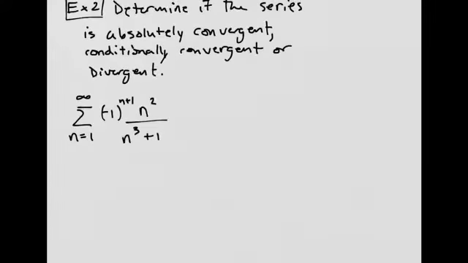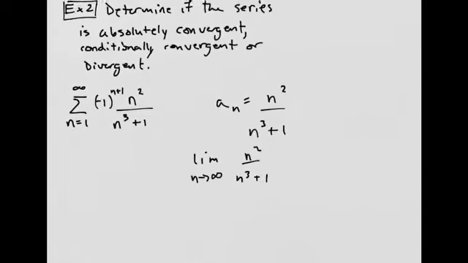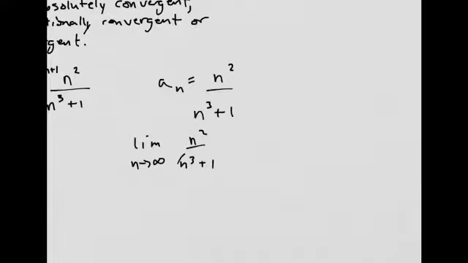So I suppose I just have to show that. I know that, well, my a sub n would be n squared divided by n cubed plus 1. And then the limit I have to check, as n approaches infinity of n squared over n cubed plus 1, I have to show that it goes to 0. Divide by 1 over n cubed, not n.